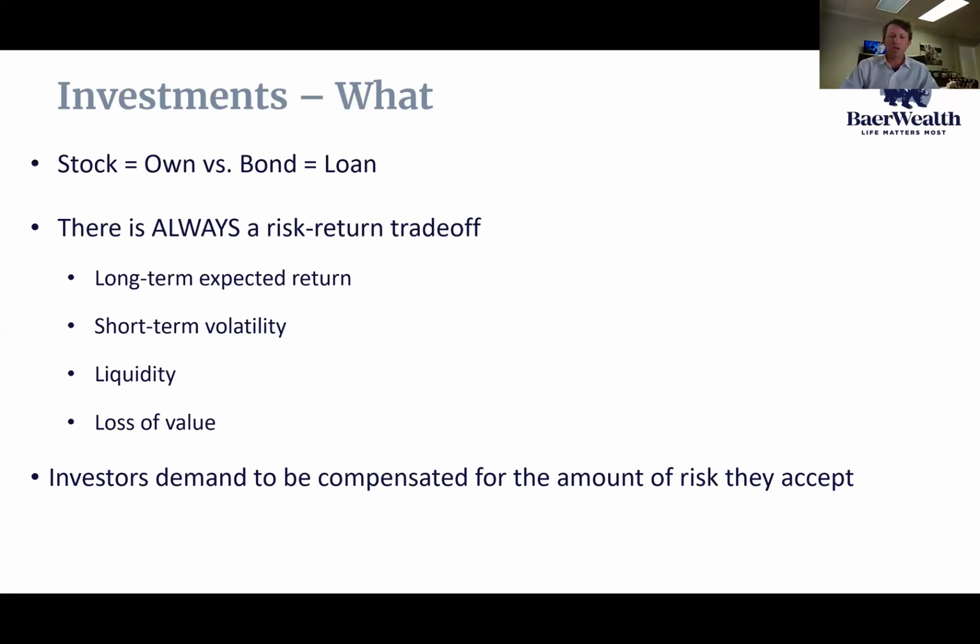Or 30 years from now, your money could be worth 20% less than it is today. That happens a lot with individual securities. That is the risk, but you accept it so that in 30 years, if you buy a stock, it could be worth 20 times what it is today. That's the risk-reward trade-off.